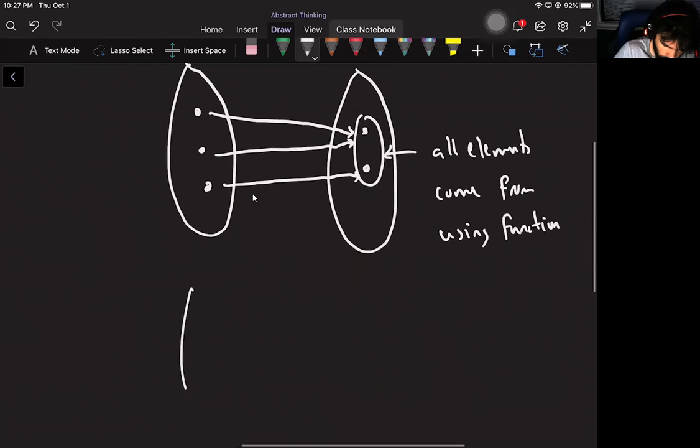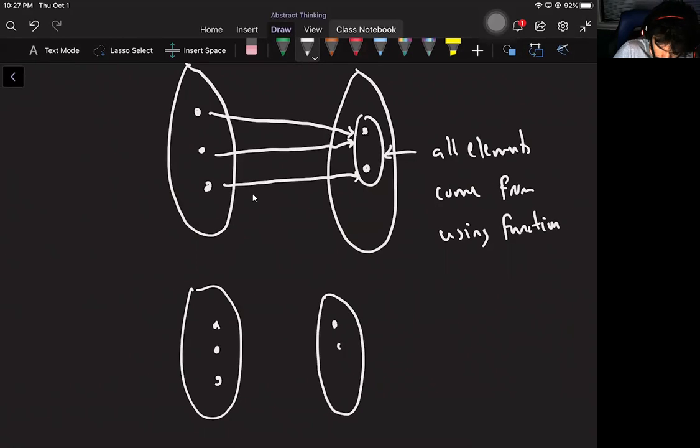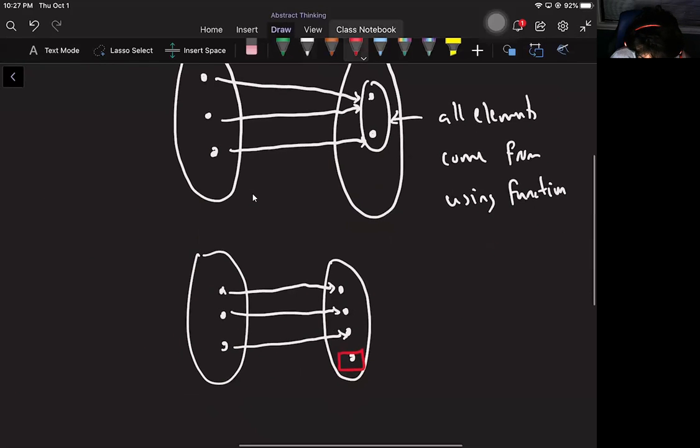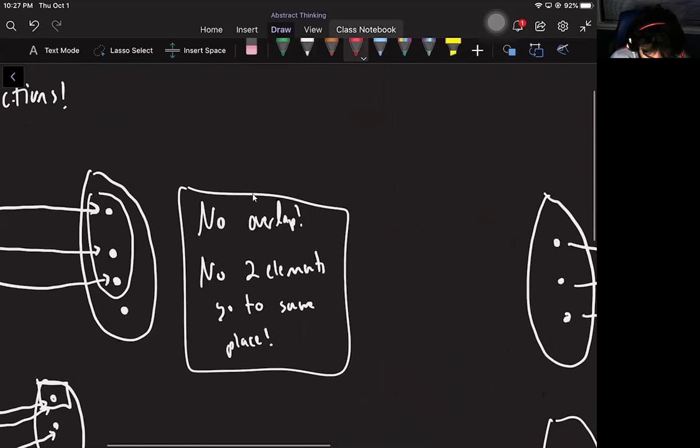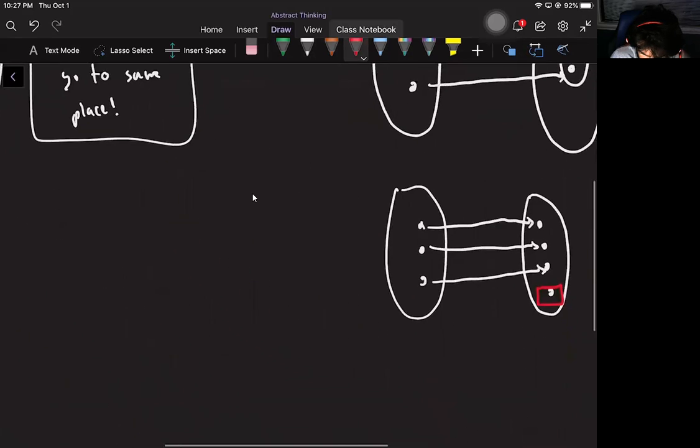So as opposed to something like this, here we don't get this property because we don't have any way to hit this element. Instead, this is like the first property, where we don't get any overlap.